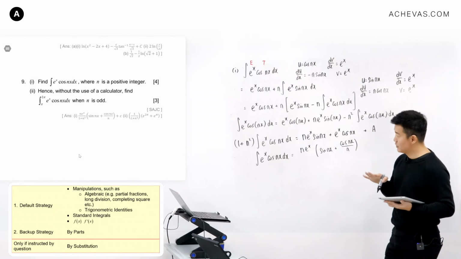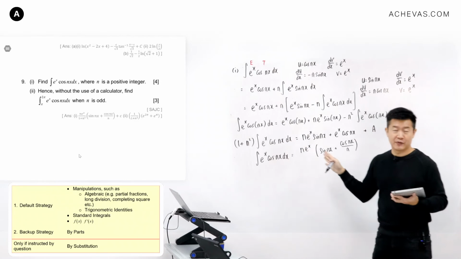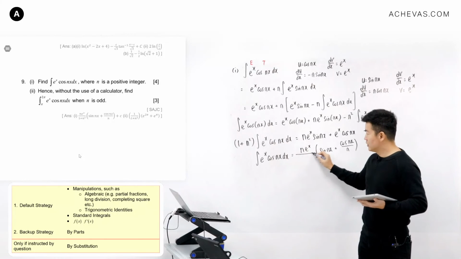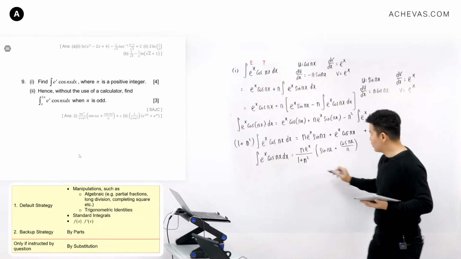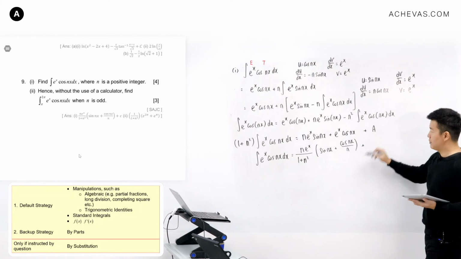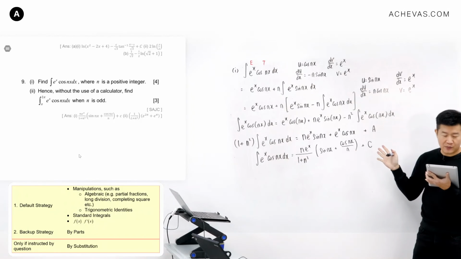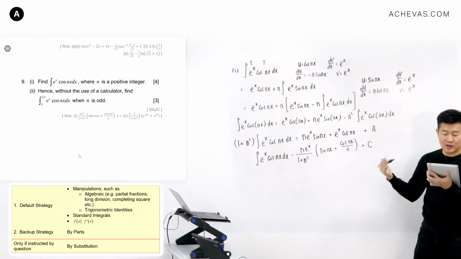It is not necessary. You can just do whatever simplification you want, because you cannot possibly know that the answer looks like this. So this 1 plus n square plus a divided by 1 plus n square, I'm going to let it be c. So this is the answer that we have gotten for part 1.